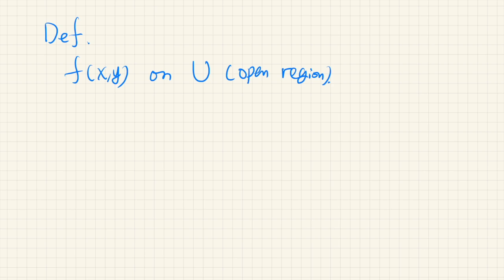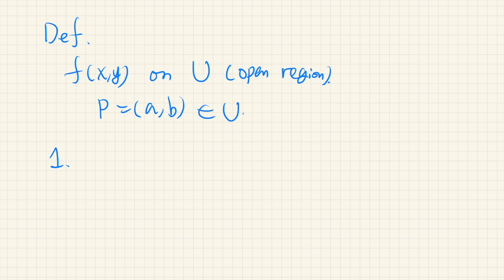So let us give a more formal definition of local maximum and local minimum. First, suppose we have a function f of x and y on an open region U, and P is a point with coordinates a and b in this region.